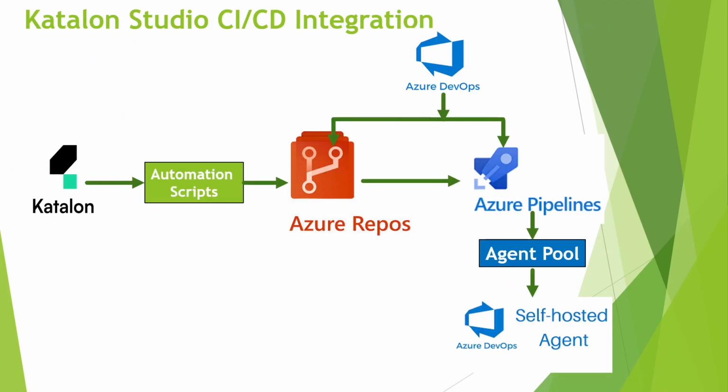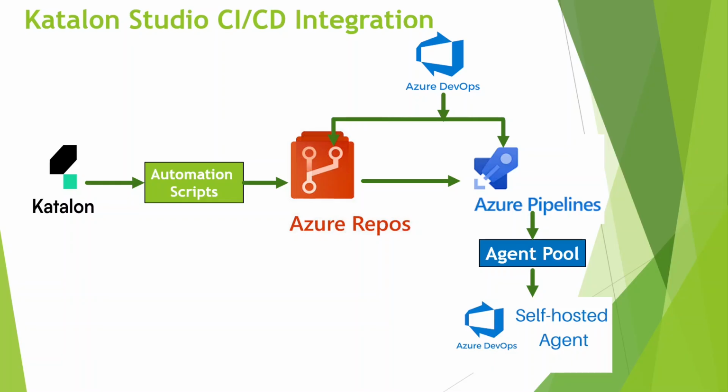What we have done: we created the automation scripts by using Katalon, pushed those scripts to the Azure repositories, and then created an Azure pipeline by using the Azure repository code. To run the pipeline, we created a YAML file. Within the YAML file, we specified the agent pool, which is default, and then we created a new agent.